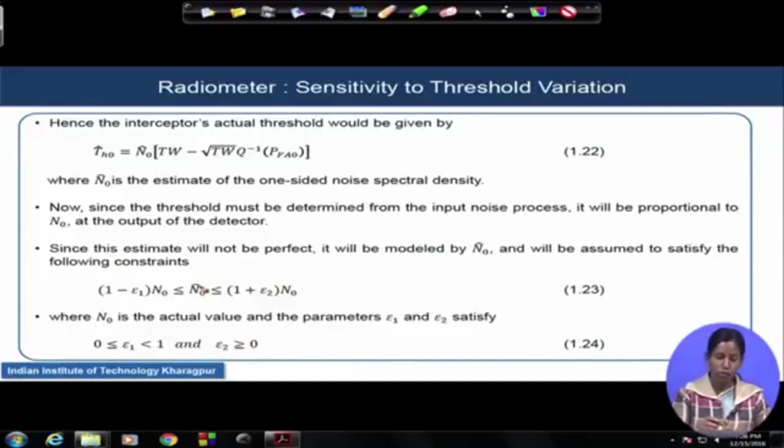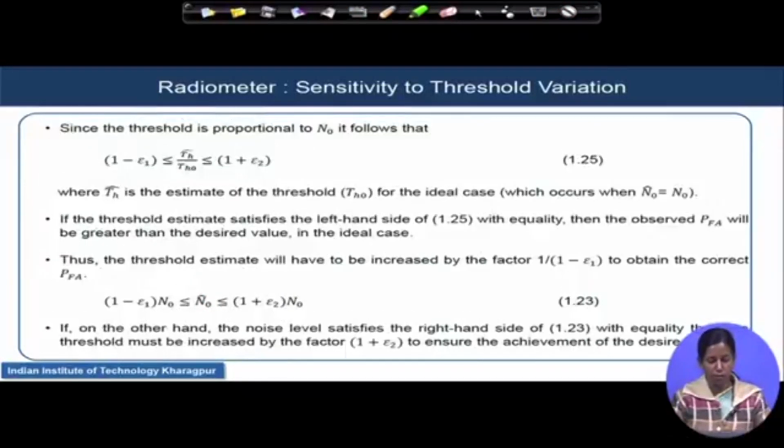We will see the effect of both the left side and right side of this equation in the following discussion. And this N0 estimate can now be replaced by means of the threshold estimate relative to the actual or idealized threshold. It is a ratio of these two.